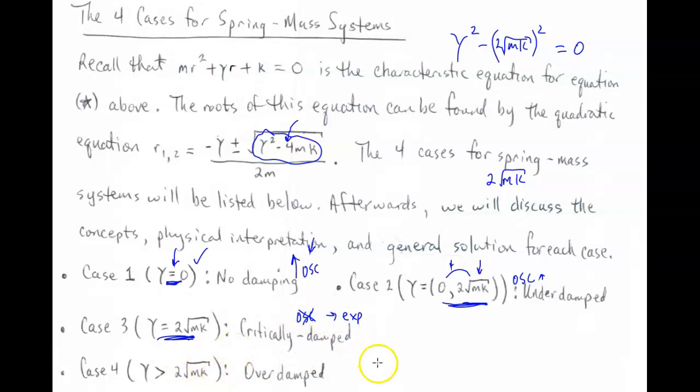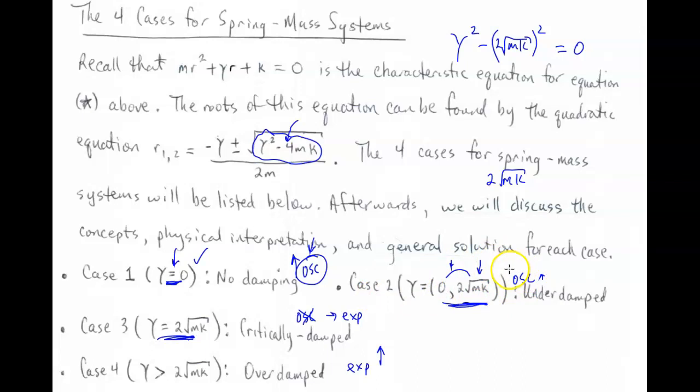And in case 4, the system doesn't even try to oscillate. You're purely exponential at that point. So one way to think about these 4 cases is that case 1 is a pure oscillatory type of response for your spring-mass system.